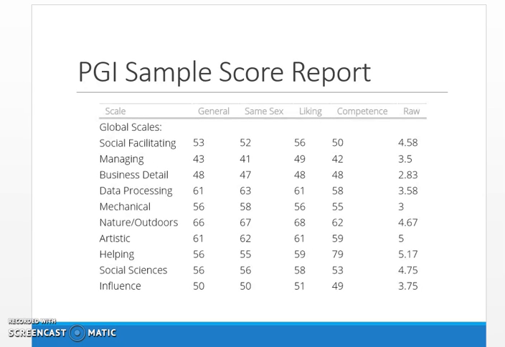So going back, let's say I scored like a 63 in social facilitating and 65 in managing and 70 in business detail and 61 in data processing. This is a different result than my current results, even though I still have the same above 60 score in data processing.